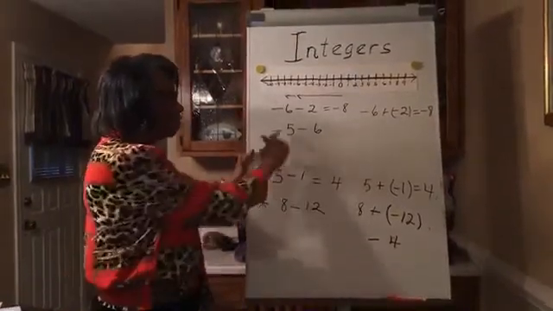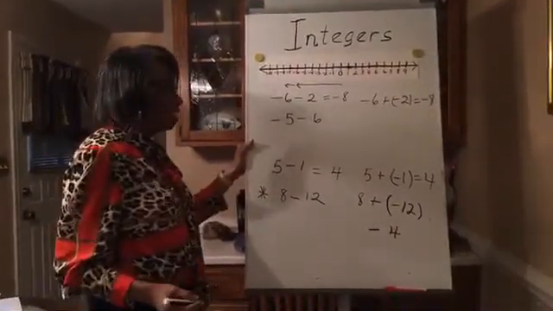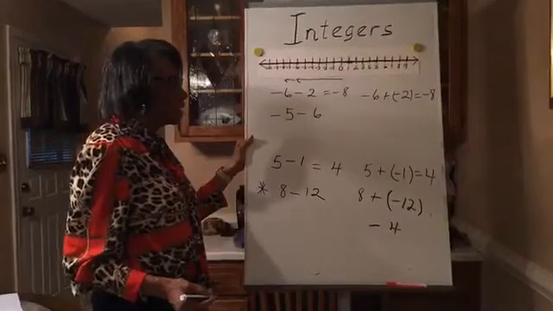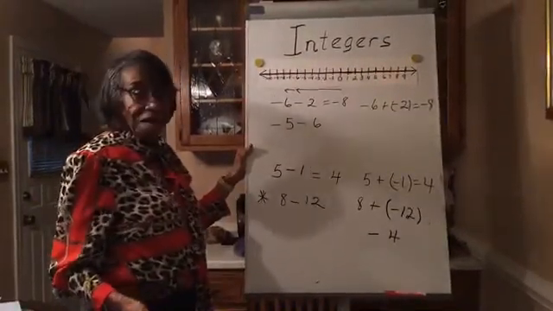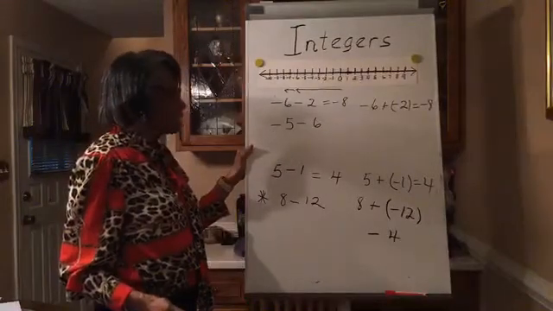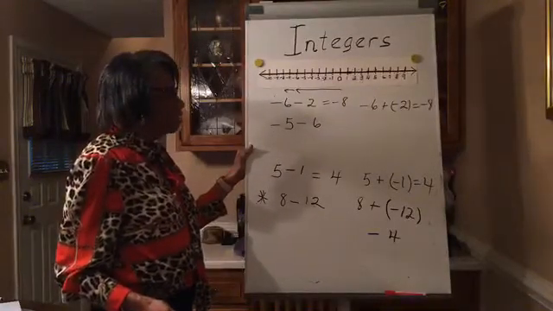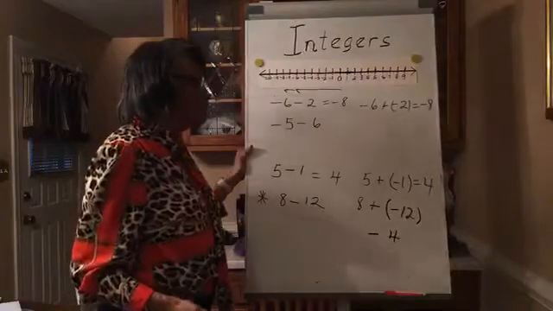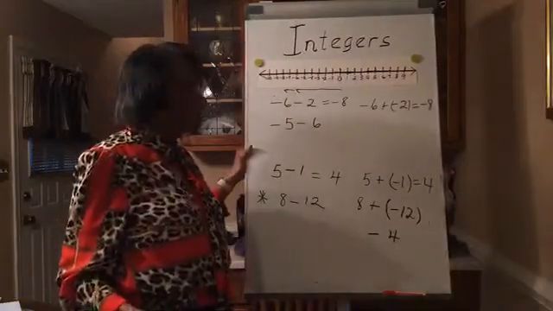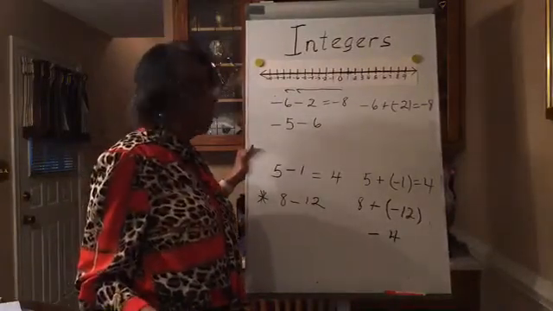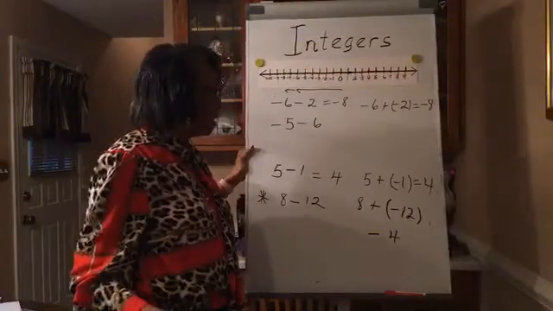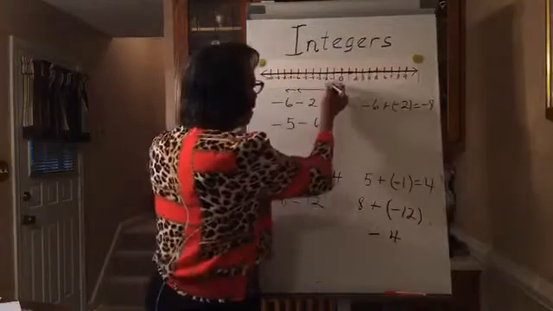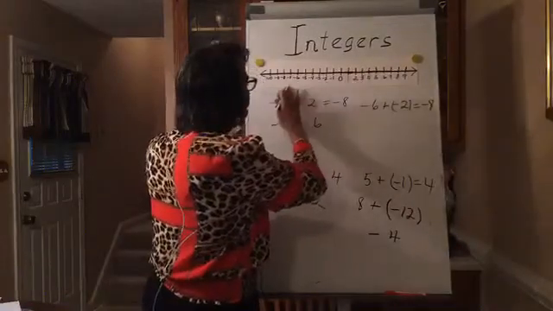the opposite. So see if you can give me the answer for negative 5 minus positive 6. Negative 5 minus positive 6. All right, you can do it with the number line, but some of you probably now can do it without the number line because you saw what happened in the one before. All right, negative 5.